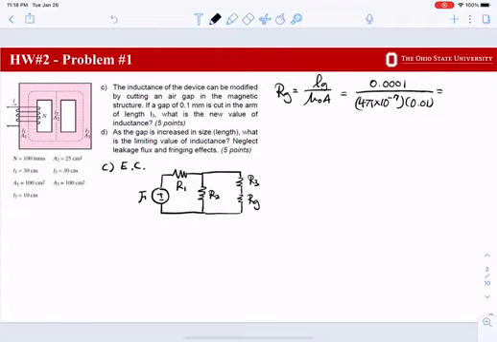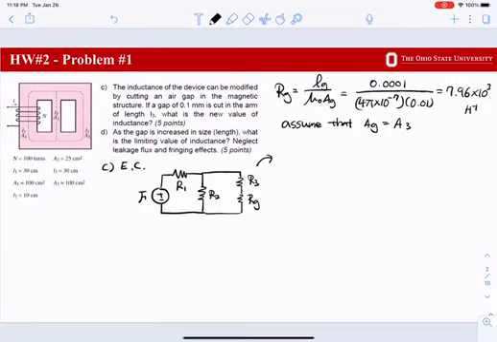So this is 7.96 times 10 to the third. Here we assume that AG equals A3.